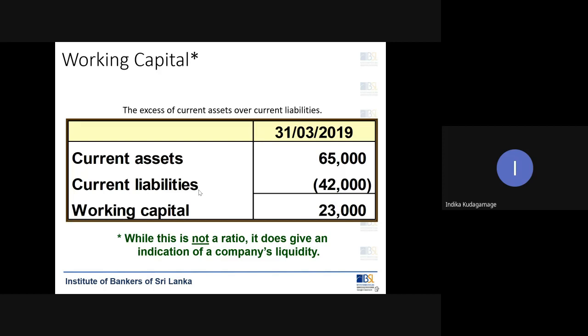But when you're talking about current assets and current liabilities, any liability which needs to be settled within a 12 months period. So if all your current assets are financed by current liabilities, that means within a year you have to sell everything and settle everything.